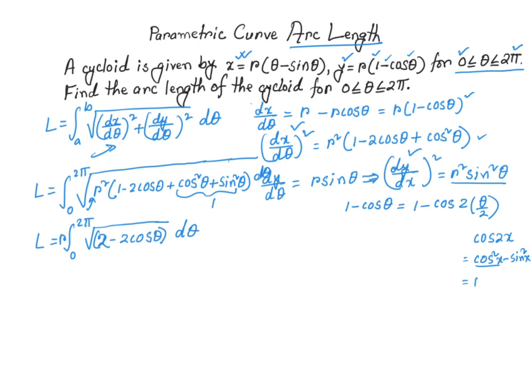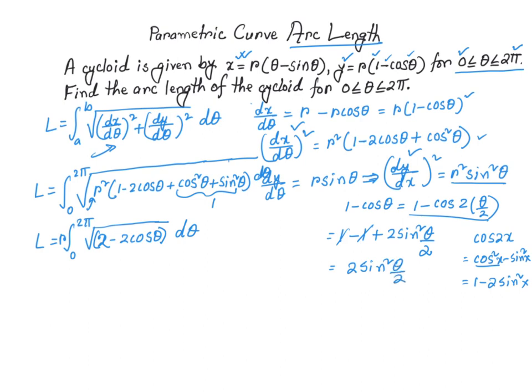So it's going to be 1 minus 2 sine square of x. So using that formula, I could simplify this to 1 minus 1 plus 2 sine square of theta over 2. Now this and this are going to cancel out. That's going to give me 2 sine square of theta over 2.